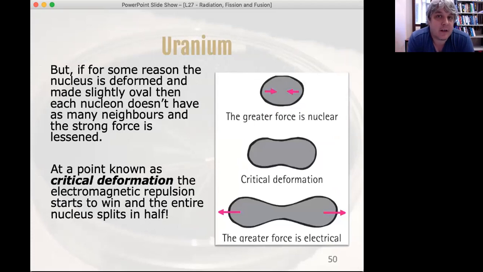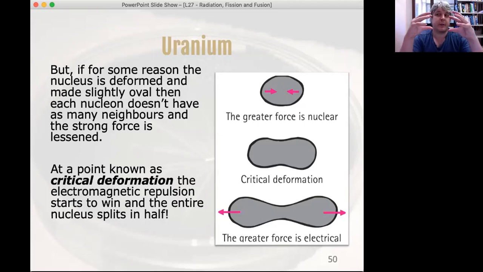But the other thing that can happen with uranium is that the nucleus can be deformed slightly. There are a variety of reasons for it to be deformed, but if it gets deformed, then all of a sudden the nucleons are not going to be neighboring as many as they were before when it was perfectly spherical. When it's perfectly spherical, you get the most strong force that you can.